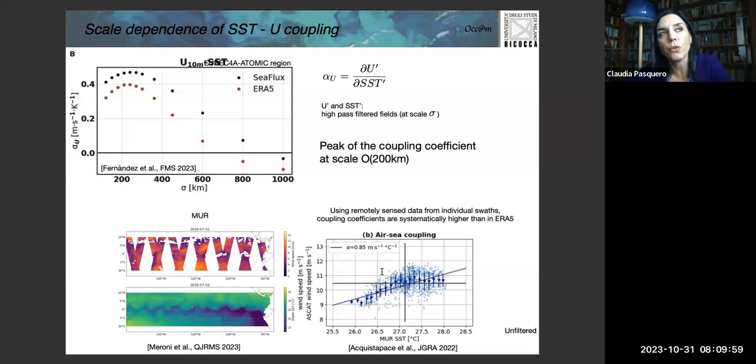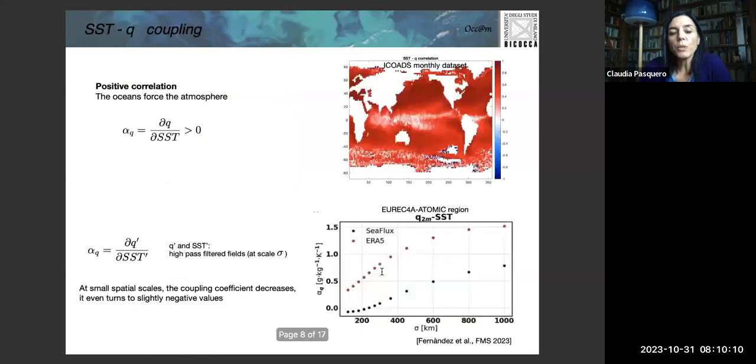But thinking about fluxes, we know, and quite a few recent studies show, that over sea surface temperature fronts, the fluxes depend a lot on air properties, such as the water vapor mixing ratio, so the humidity, the moisture content of the atmosphere. So we can play a similar exercise, looking at the correlation and the coupling coefficient between sea surface temperature and the specific humidity.